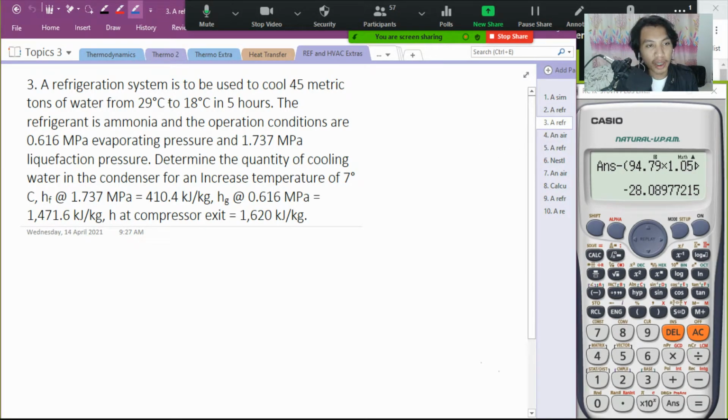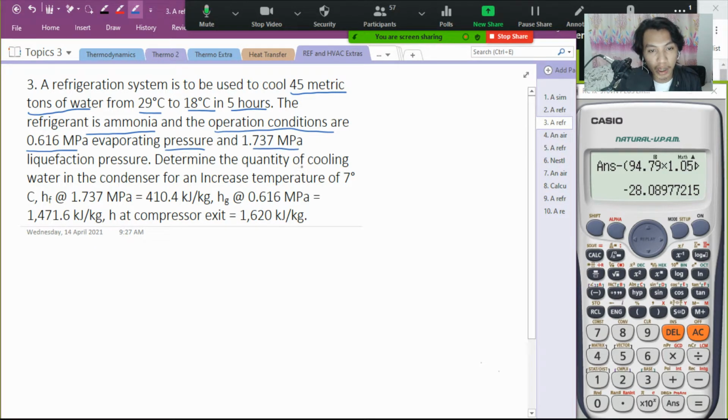A refrigeration system is to be used to cool 45 metric tons of water from 29 to 18 degrees Celsius in 5 hours. The refrigerant is ammonia and the operation conditions are 0.616 MPa evaporating pressure, and 1.737 MPa liquefaction pressure, that is condensing pressure.